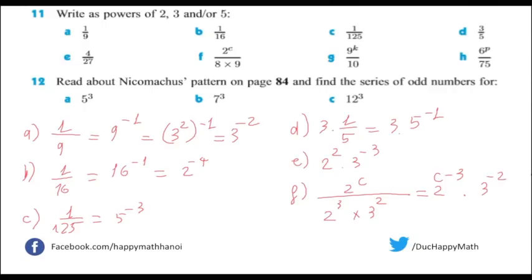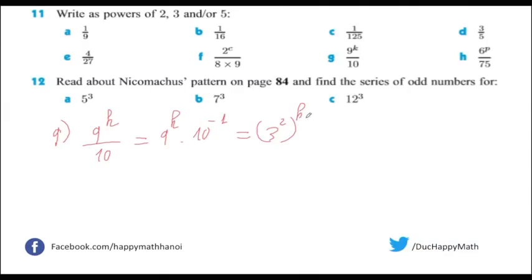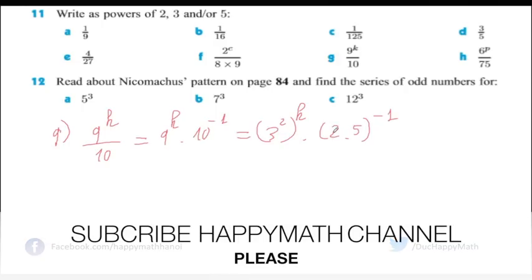And you have the last, J, 9K over 10 means 9K times 10 to the negative 1. 9K means 3 squared and K outside. 10 to the power of negative 1 means 2 times 5 to the negative 1. I have to change it to become 3, 2 or 5.